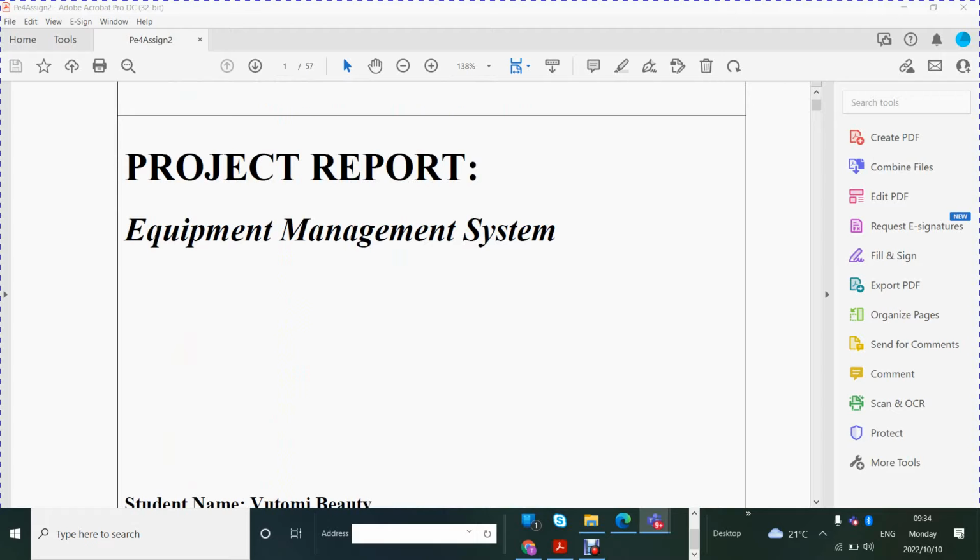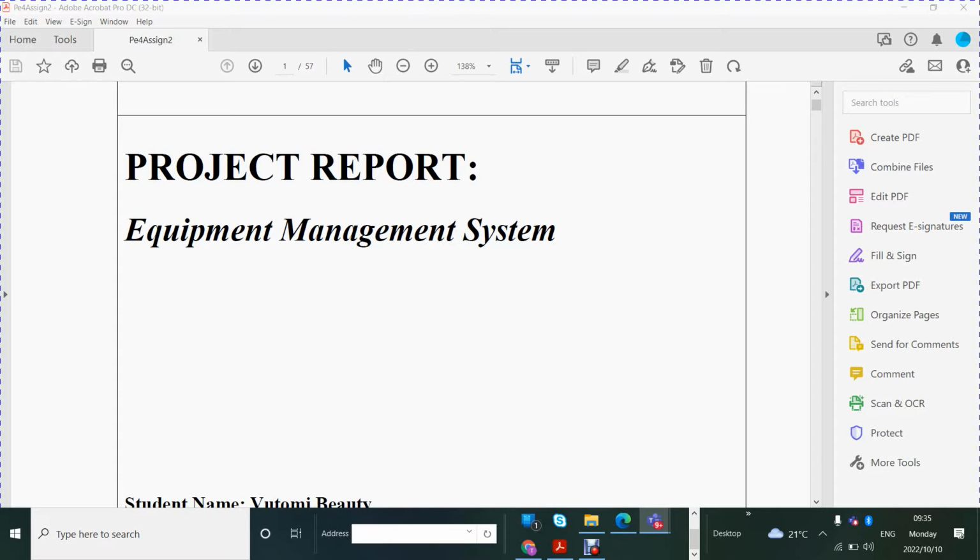Now, when you say equipment management system, shouldn't you narrow it down a bit? The question would be what kind of equipment? Because you're focusing on medical equipment, isn't it? Yes, I'm focusing on medical equipment. So if you say equipment management system, catering equipment is equipment.